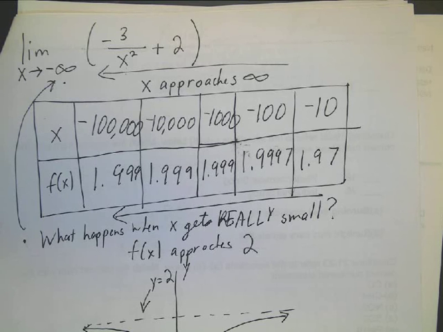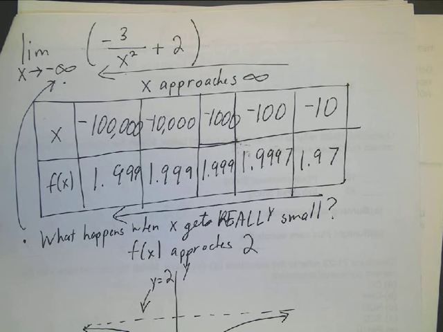What's going to happen to this negative x cubed term as x gets smaller and smaller? Or as x approaches, ooh, did I say negative infinity? No, it actually should be the same answer. No, it is the same answer.